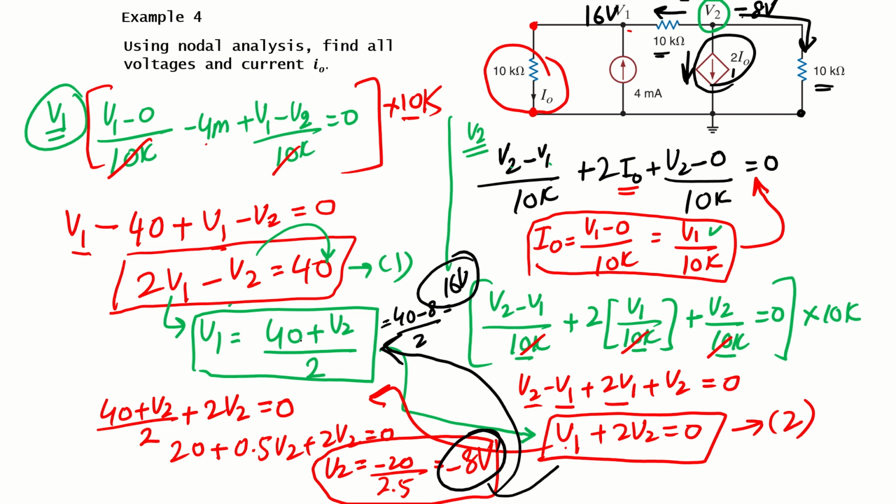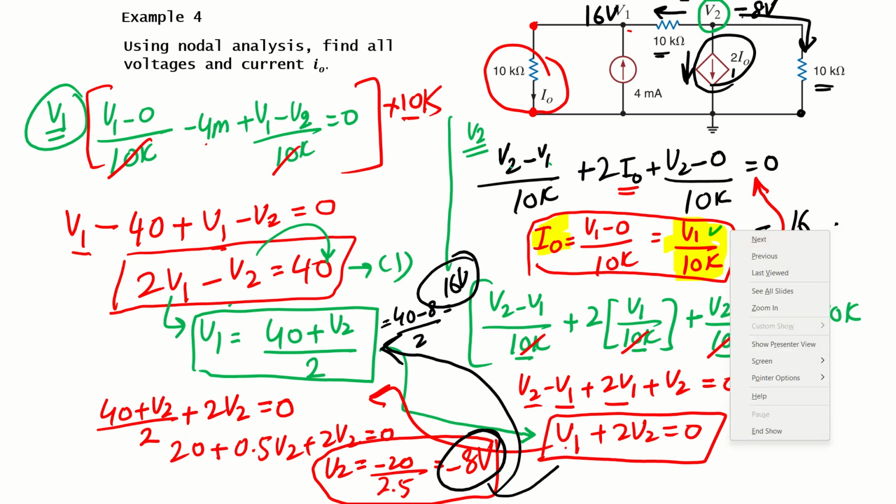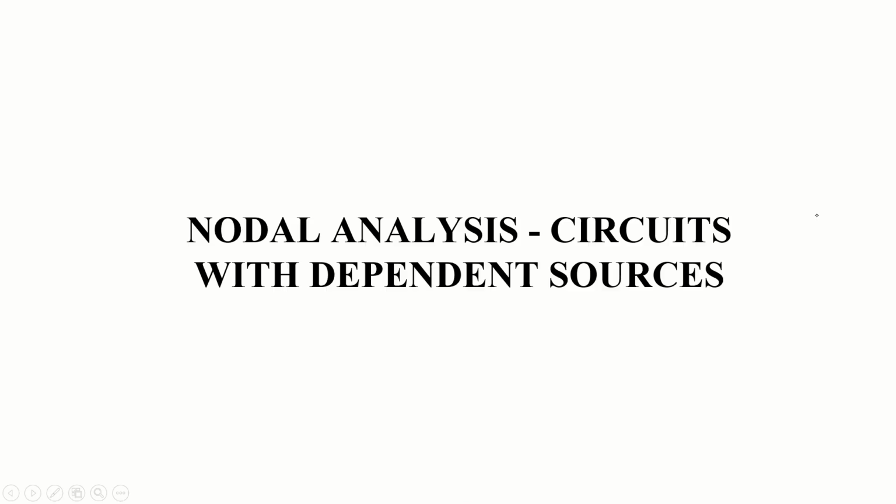This way we can find all the nodal voltages. So we have found the nodal voltages and now the current I naught. We already know that our control variable I naught is V1 over 10k. So we can put in the values that we have found. V1 is 16, so 16 divided by 10k will give me the value of I naught.